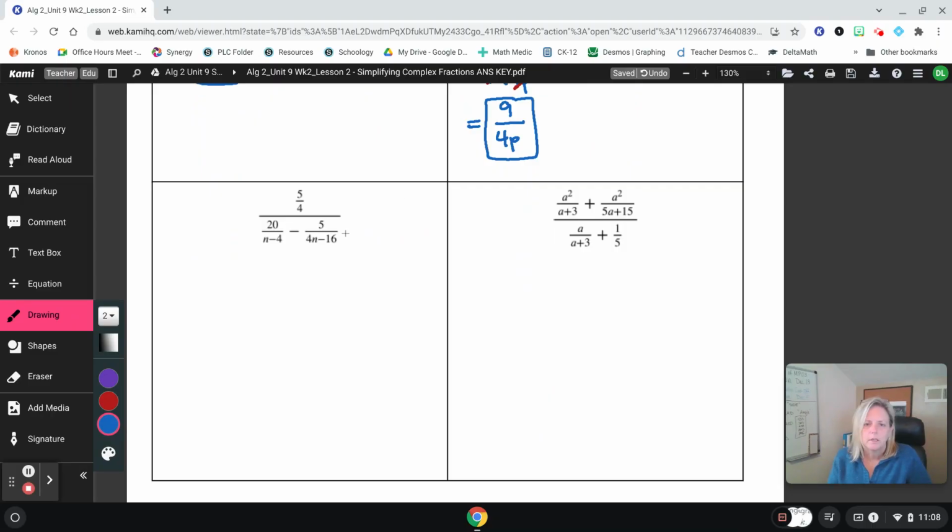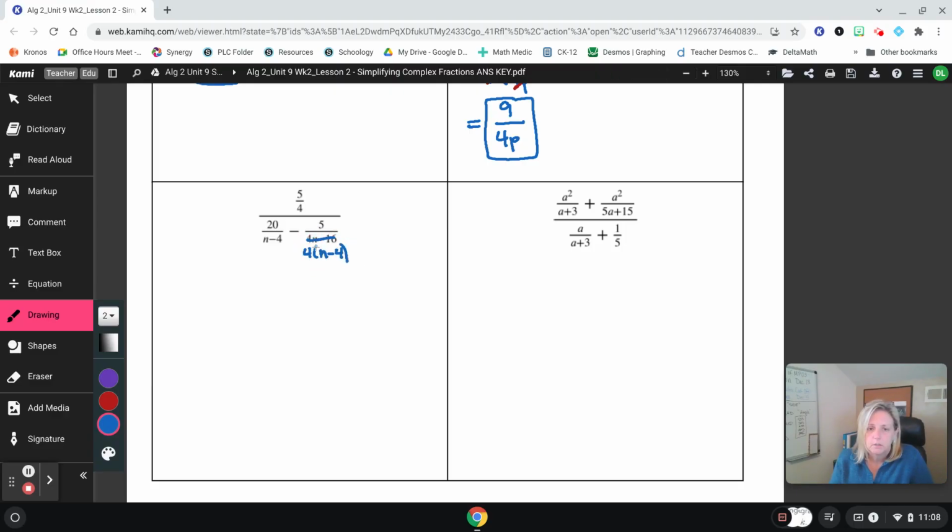In this example, notice our denominator has a subtraction sign, and we have to get this combined into a single fraction so that we can do times the reciprocal. And so 4n minus 16 is 4 times n minus 4.